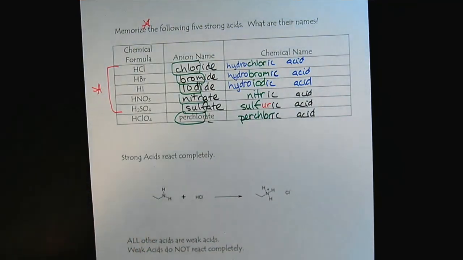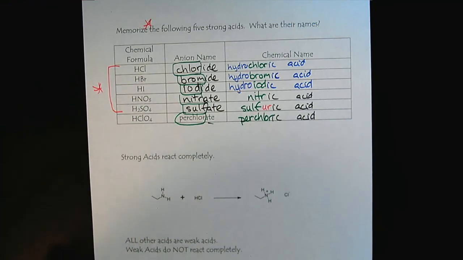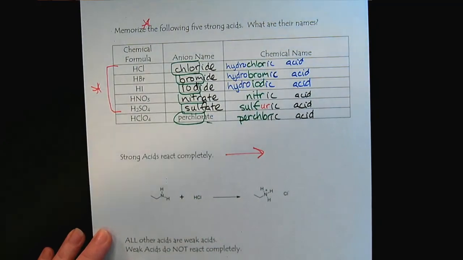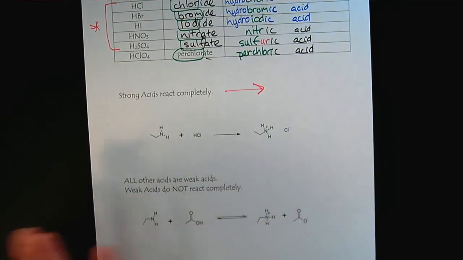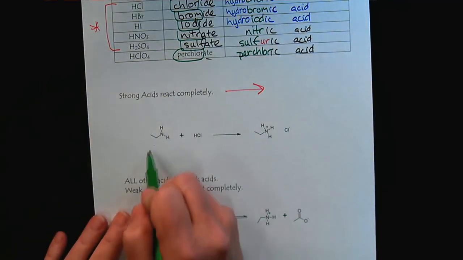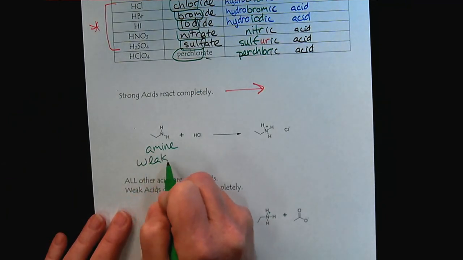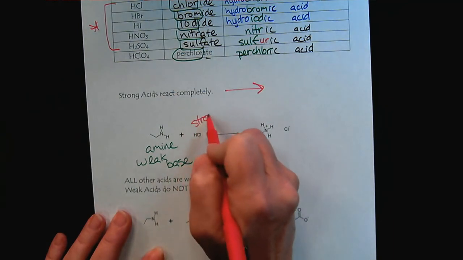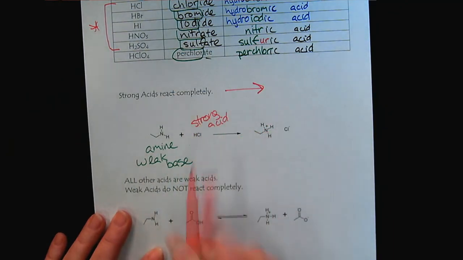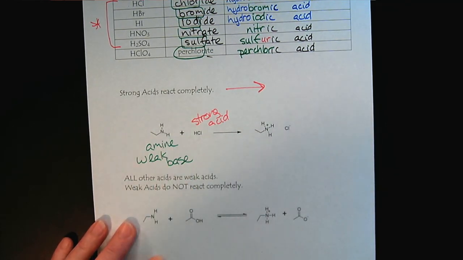Okay, so it's a good idea to memorize these 5 because remember, strong acids react completely, so we will show the complete reaction arrow as we've seen here. So recognizing we have our amine, which is a weak base, and then here we have our strong acid. For a reaction to go completely, we just need the acid or the base to be strong.